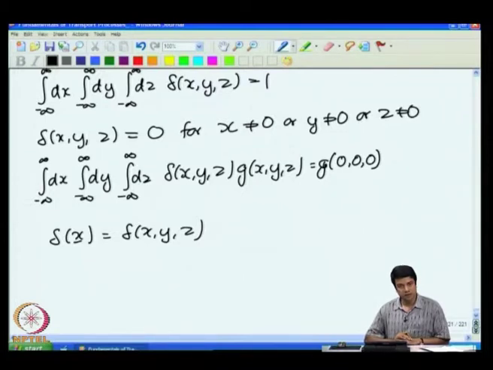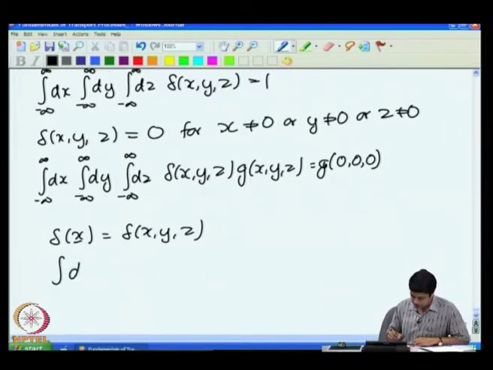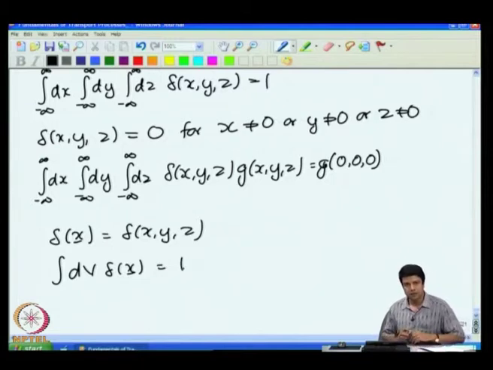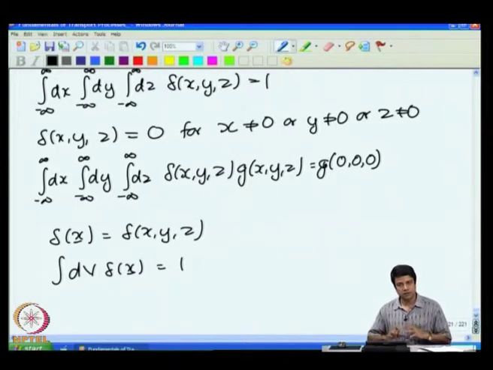And the properties of this delta function are integral dv delta of x is equal to 1, where v is the entire volume which includes the location of the delta function. So, if the entire volume includes the location of the delta function, then the integral of the delta function over that volume has to be equal to 1.